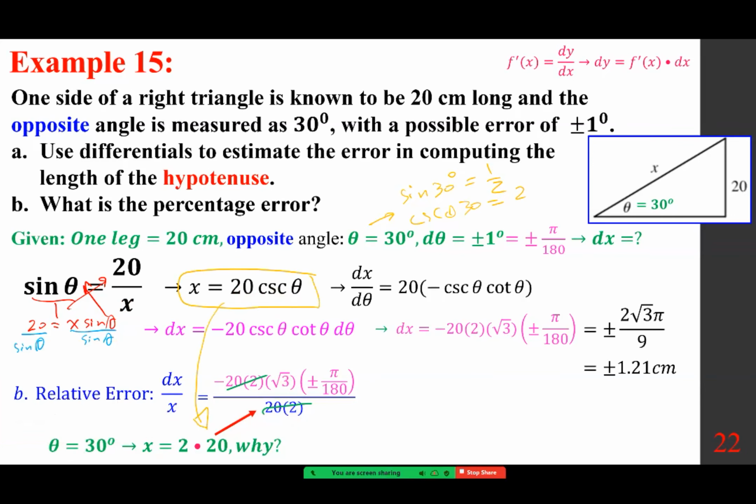In any event, this is the exact answer. And if you use a calculator, you get plus or minus 0.03, or plus or minus 3% only. It's an extremely small value, everybody.